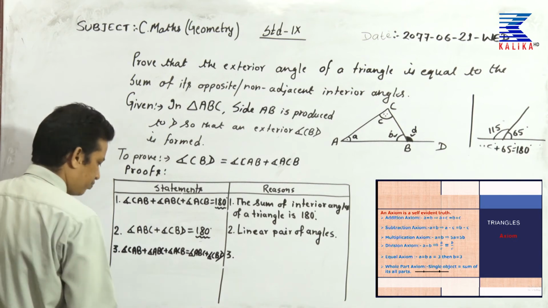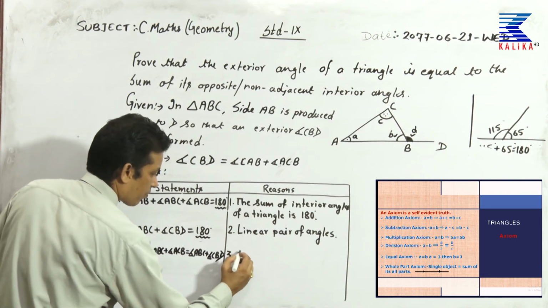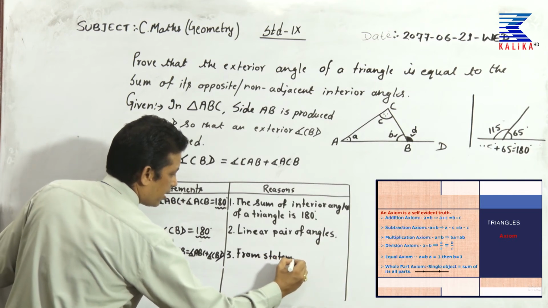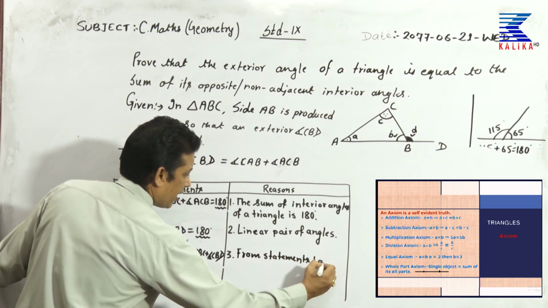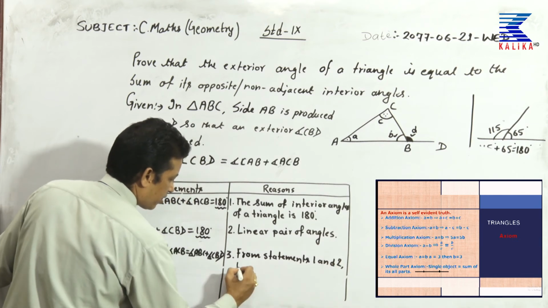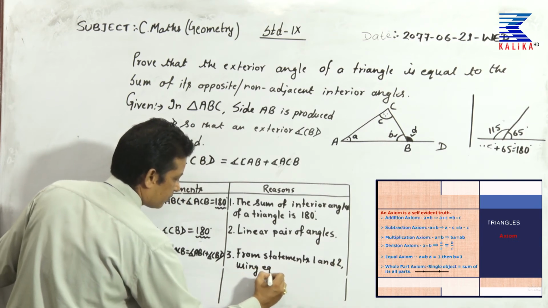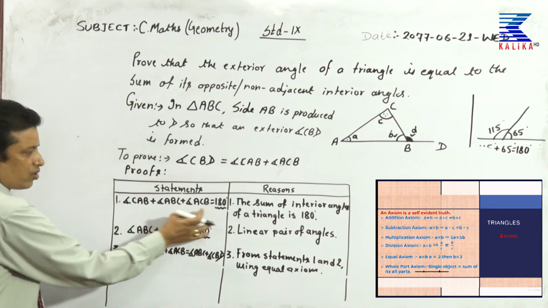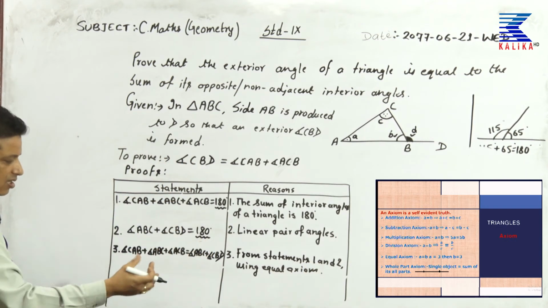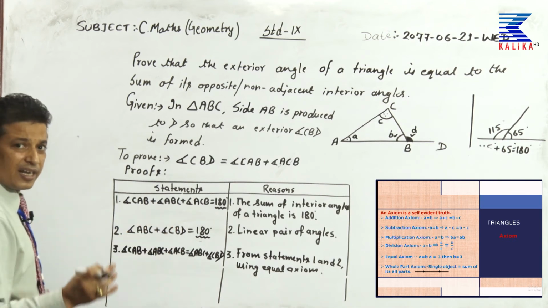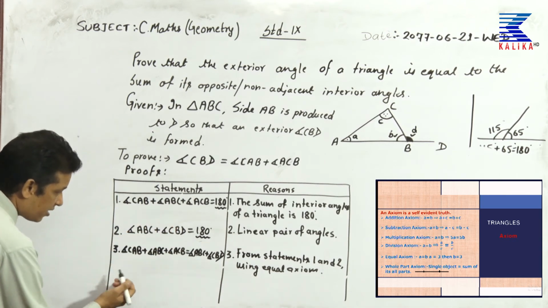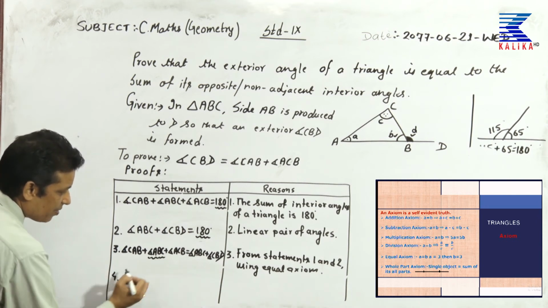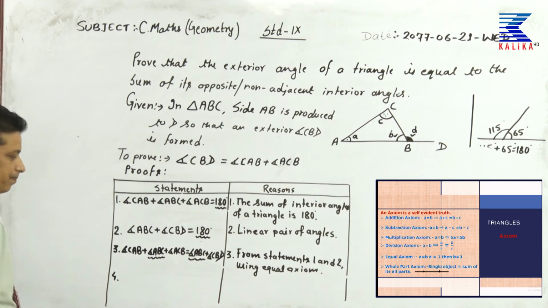So, what we did here, from statements 1 and 2 using the equal axiom. This is equal to 180, this is also equal to 180, it means both of these are equal, this is known as the equal axiom.